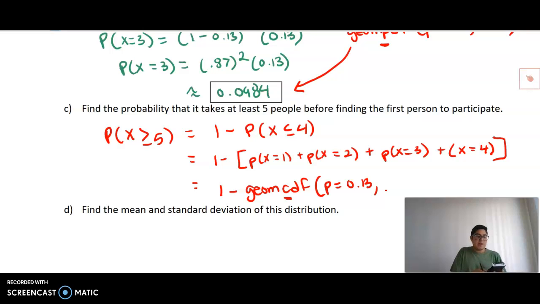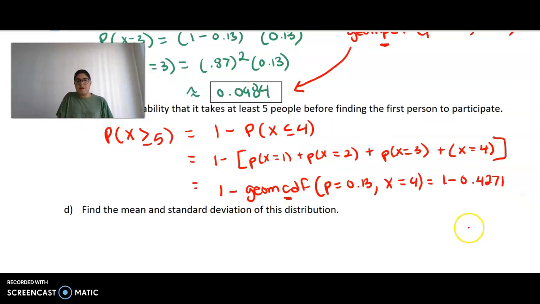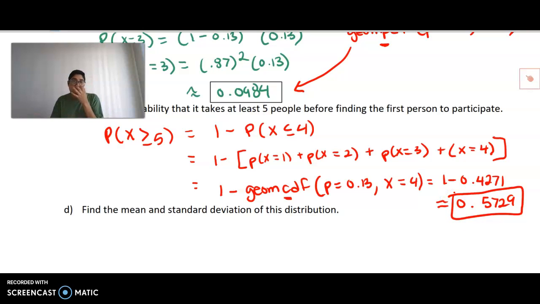It looks like that probability is about 0.4271. So I've got 1 minus 0.4271, and this is going to give me a probability of about 0.5729. It's very likely that we're going to find our first success after the 5th person.